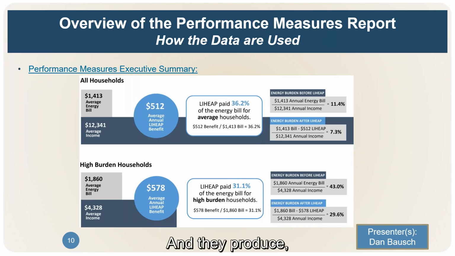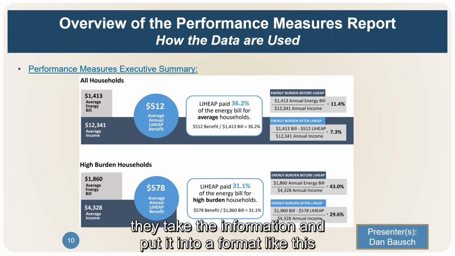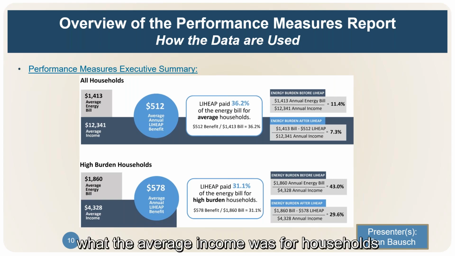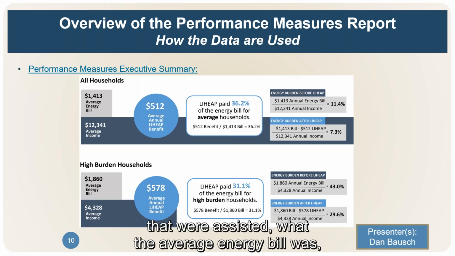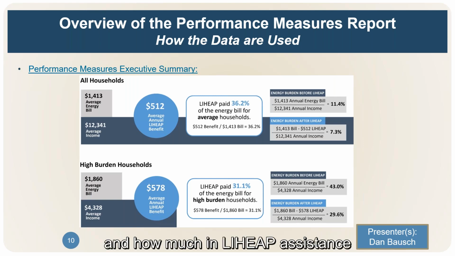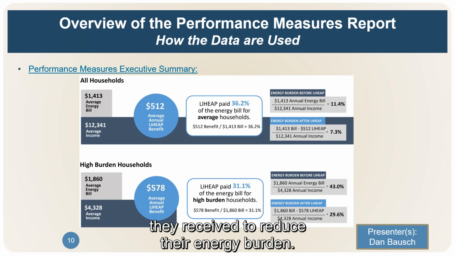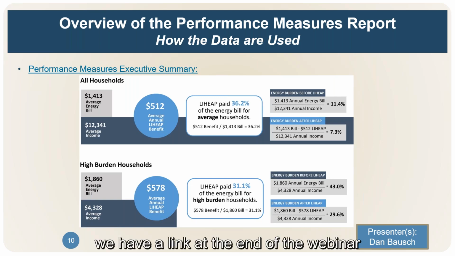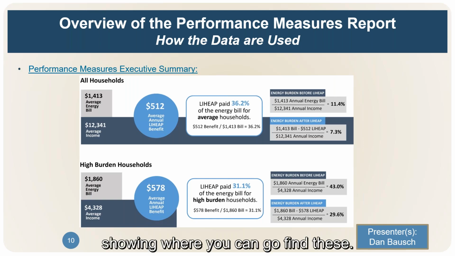They take the information and put it into a format like this, so you can see what the average income was for households that were assisted, what the average energy bill was, and how much in LIHEAP assistance they received to reduce their energy burden. If you want to look at these, we have a link at the end of the webinar showing where you can go find these.